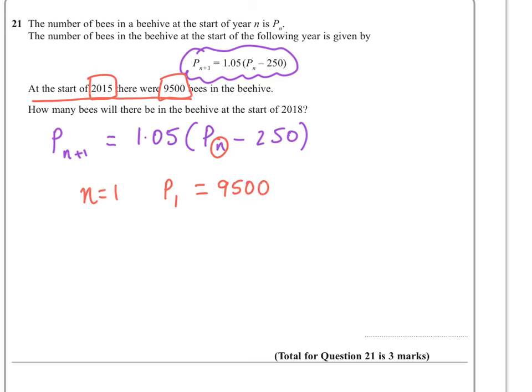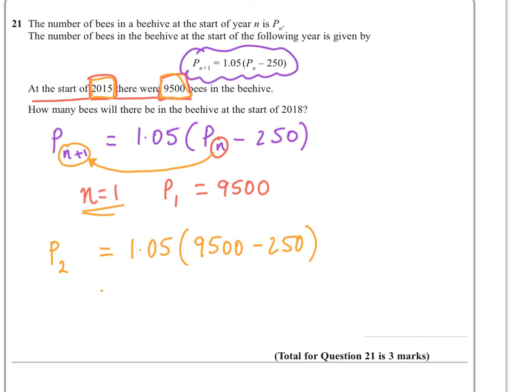What that would then enable you to find is how many bees there'd be in year 2. So let's just try n is 1 and see what we'd have here. Well, if n is 1, we'd have 1 plus 1 is 2, so we'd have P subscript 2 would be 1.05 lots of, well, we know that P1 is the first year, and at the start of 2015 there was 9,500 bees, so we know to put that in there.